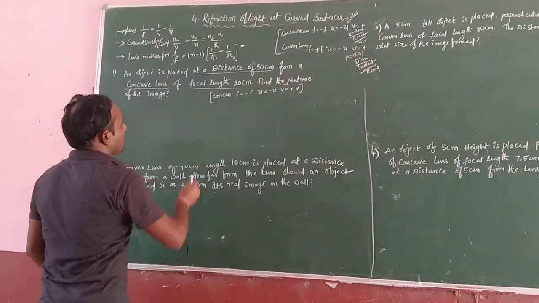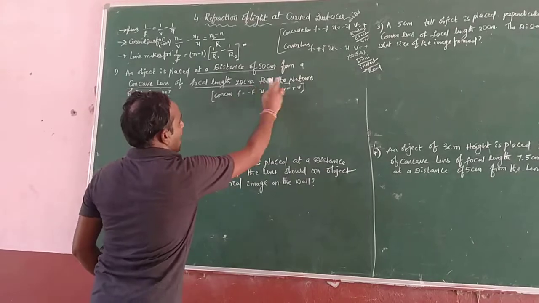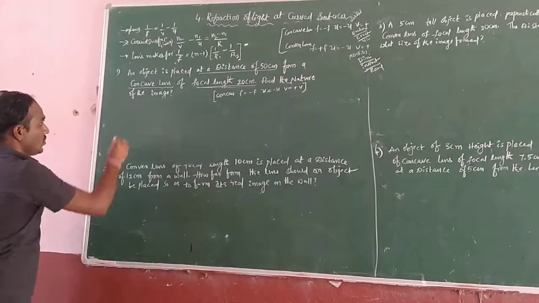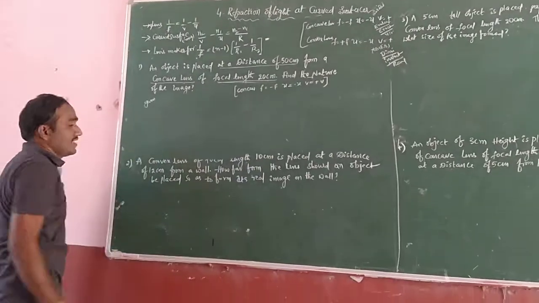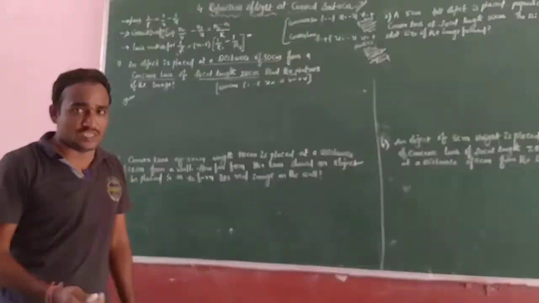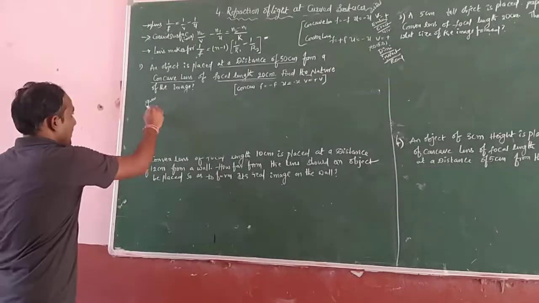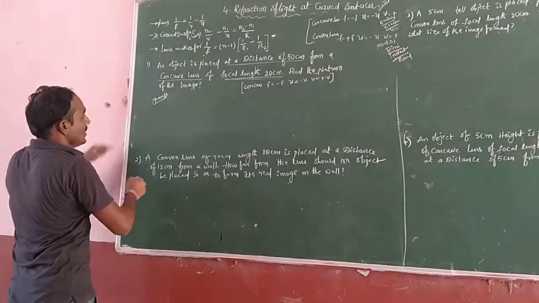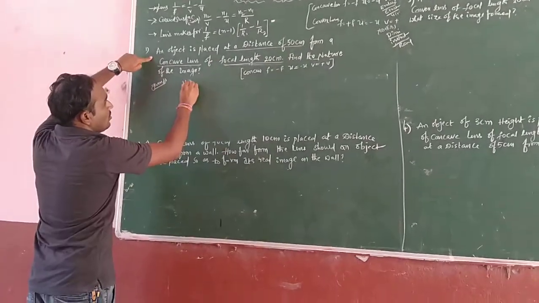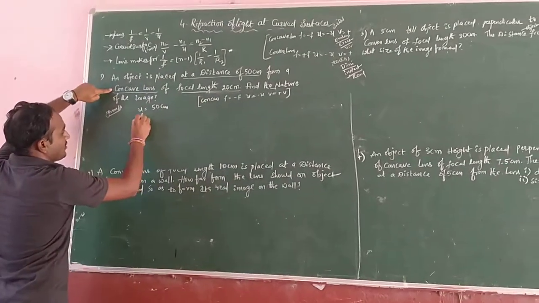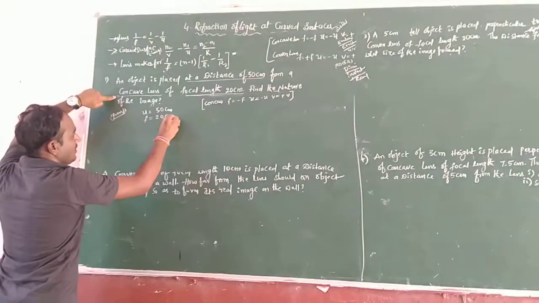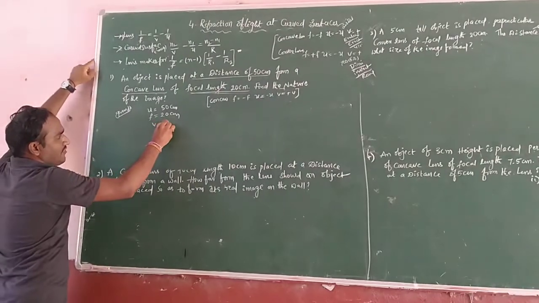Object distance and focal length are given, and we have to find the nature of the image. Given data: u = 50 cm, f = 20 cm, and we are finding the image distance.